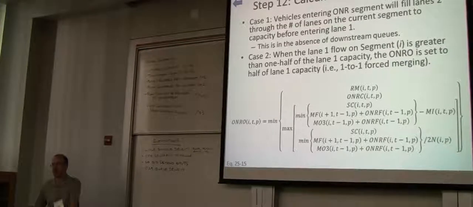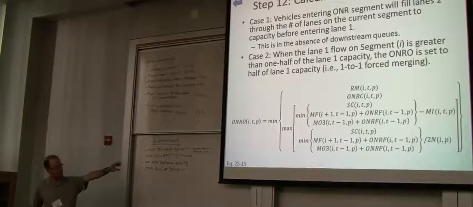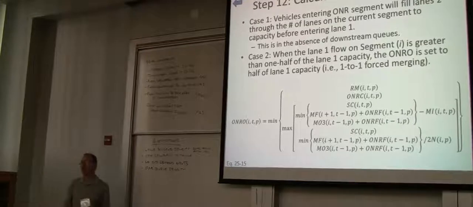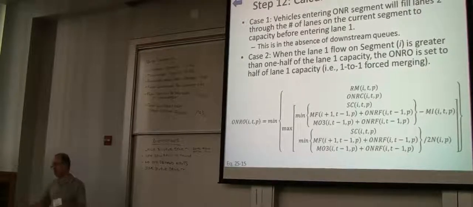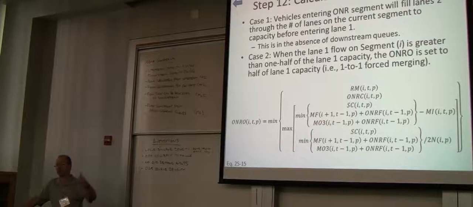What's in HCS is basically limited to what you see in the middle line there, lower block of those equations, which I believe is all we have documented right now in chapter 25. It says when you get to that overcapacity situation, we go to an alternating, every other vehicle type of ramp merge situation. So we allocate half of the capacity for that outside lane to the mainline flow and half to the on-ramp flow. But this is another area where we need some additional documentation.